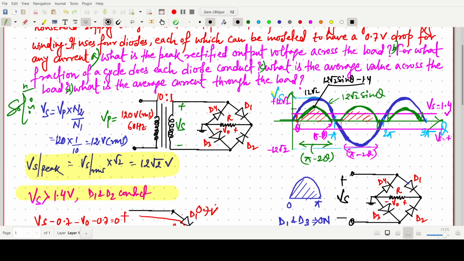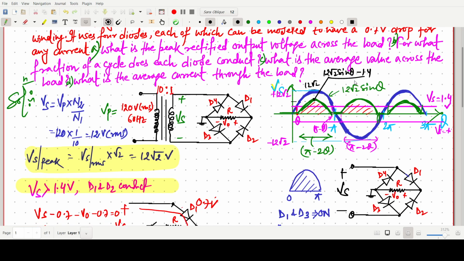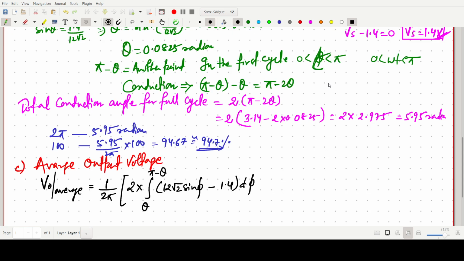Now if you integrate 0 to pi minus theta for this one, we are just making it as phi, and then theta to pi minus theta. Okay, simple mathematics is there. So one can simply write 1 by pi, these two cancel, theta to pi minus theta, 12 root 2 sine phi d phi.